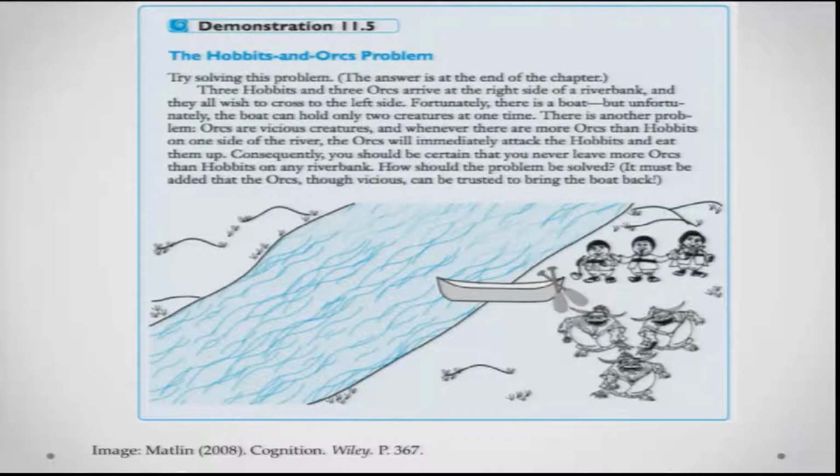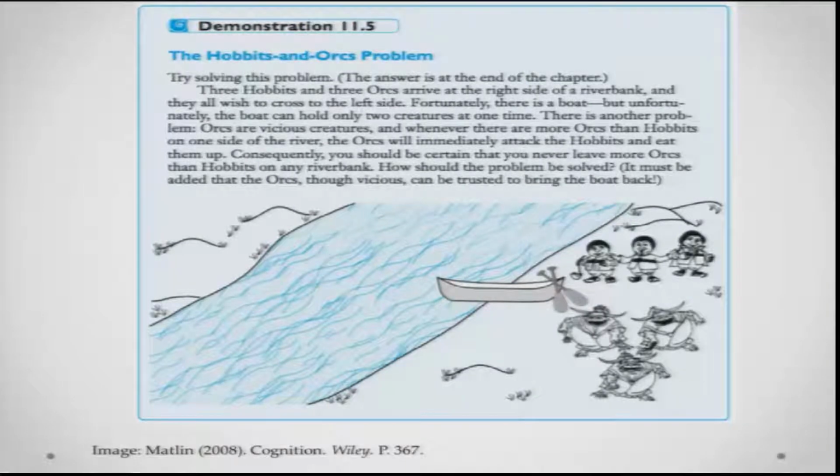Now, the interesting thing is there can be only 2 persons that can travel on this boat, and also what you have to ensure is that on any side, if there are more orcs and fewer hobbits, the orcs will attack and eat up the hobbits. So, the goal state of this problem is that everybody crosses the river in a boat that has just a capacity of 2 people, and nobody ends up dead.